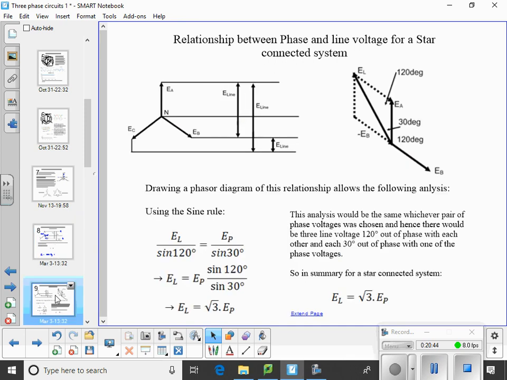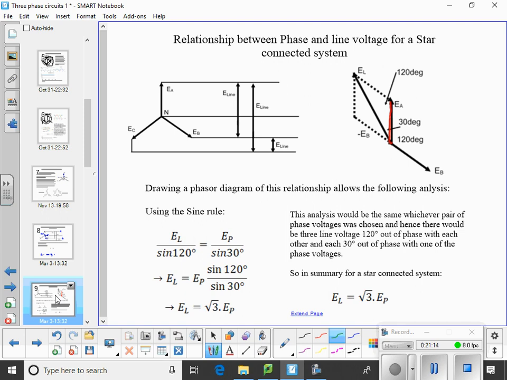So, drawing a phasor diagram. Here's EA, straight upwards. I'll draw over it in red, being the red phase. I haven't got a yellow, never mind, I'll use green.